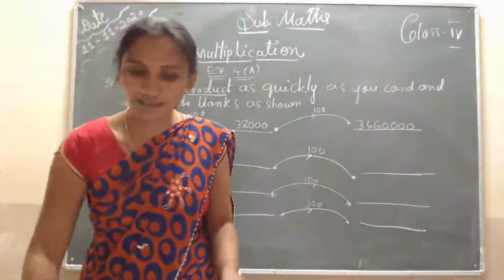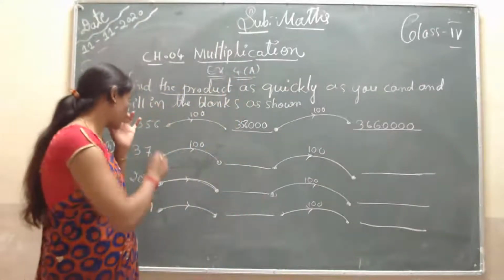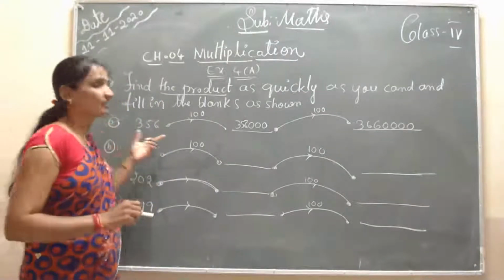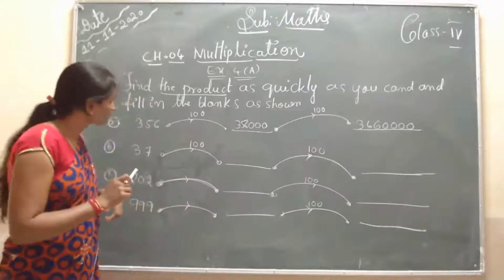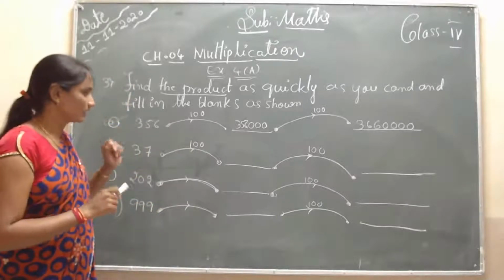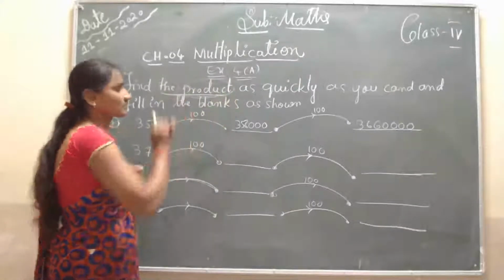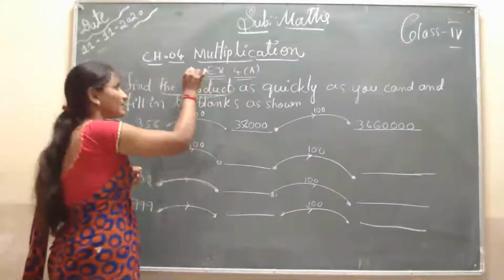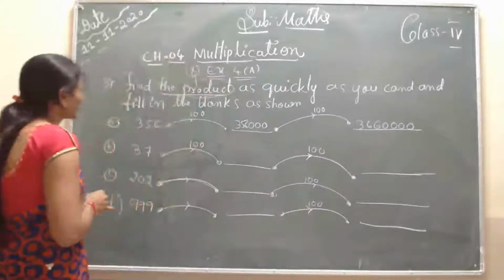Students, this is very easy because you will use the multiplication method. First I already showed you one example, similarly. Here it is 3,356, 356. This is the product. Product means the multiplication, students.